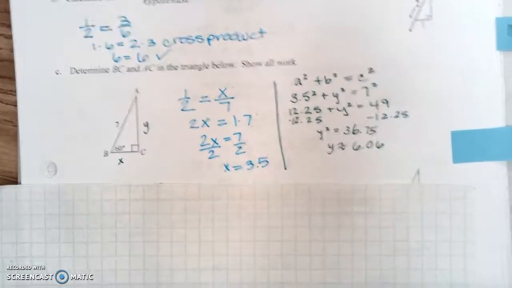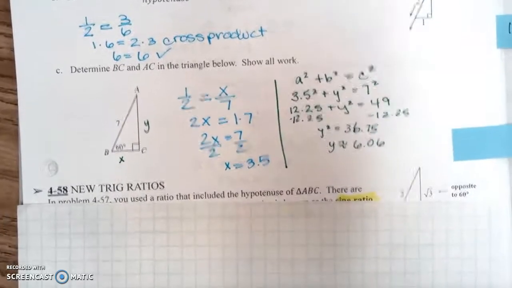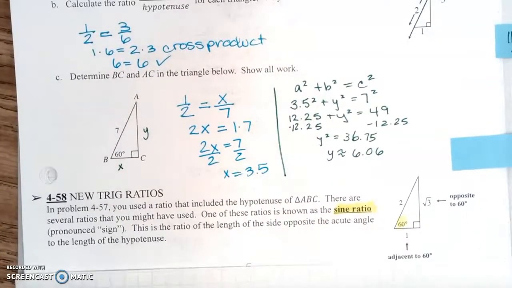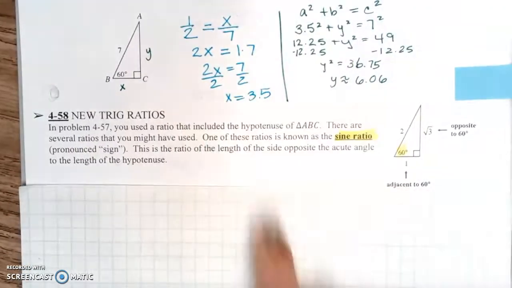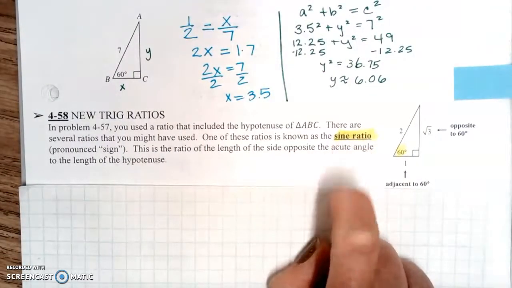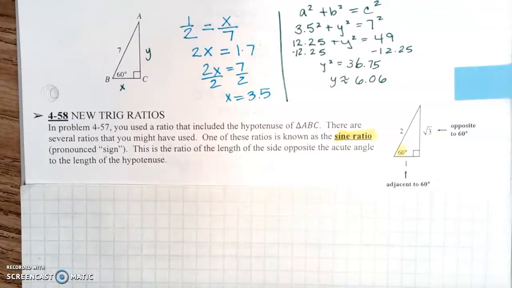Okay. All right. Now we're going to start learning a new trig ratio. So if you have a highlighter, go ahead and highlight the words sine ratio. Okay? In problem 57, you used a ratio that included the hypotenuse of triangle ABC. There are several ratios that you might have used.